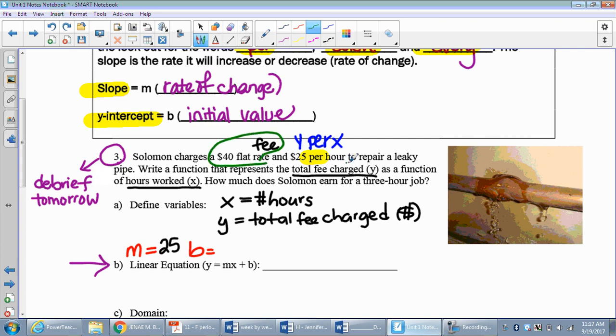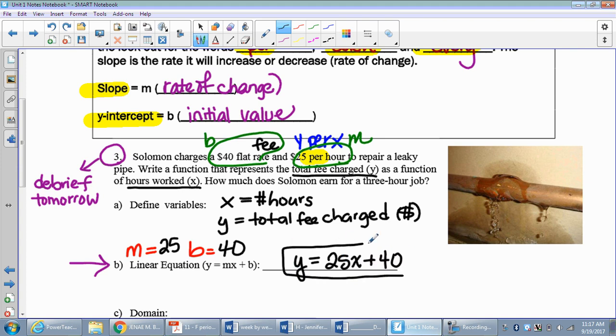So this $25 per hour was my slope. $40 flat rate, you're paying that before he even walks in the door. Putting this together to be a linear model, y equals 25x plus 40, and I have my model.